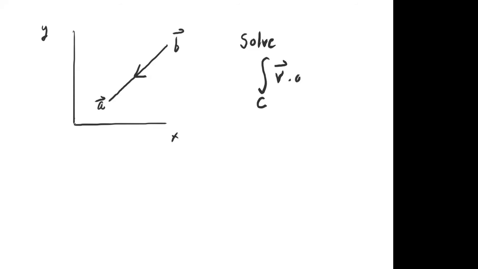Here's x, here's y. And remember in this problem, I had 2 points, A and B. And originally I looked at the path 2 as going from A to B. Now I'm going to reverse that and worry about the path from B to A. So I want you to evaluate this line integral of v dot dr over this path C. It's a different path.